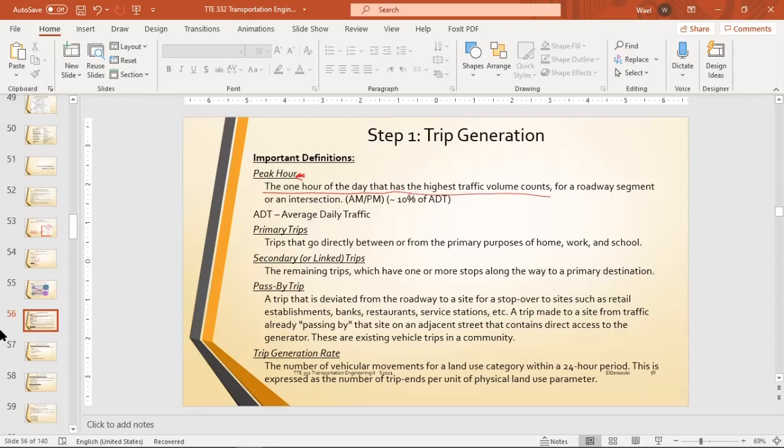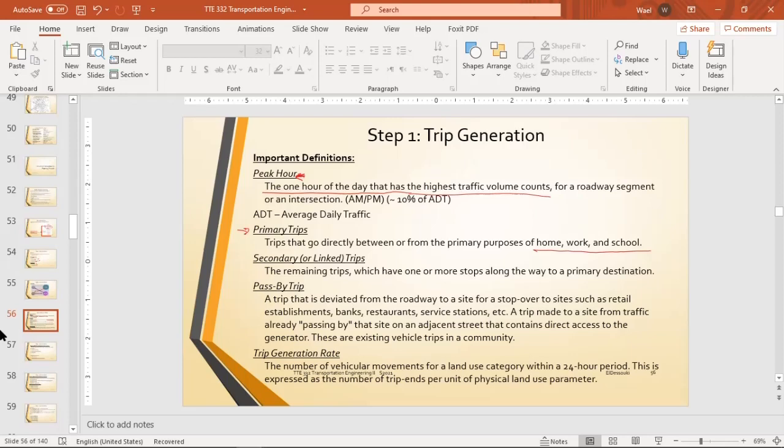Primary trips, what do we mean by primary trips? Trips that go directly between or from the primary purposes of home, work, and school. So the primary purposes for trips are home, work, and school. Those are basically our daily trip patterns.